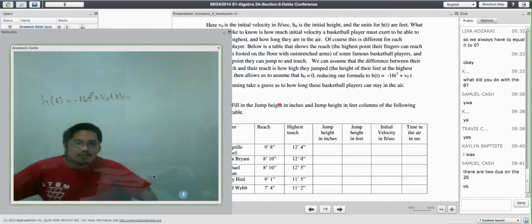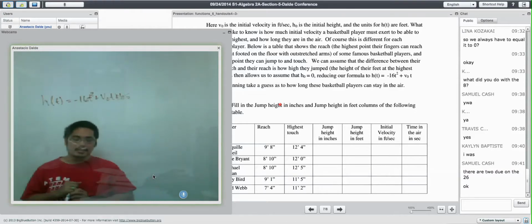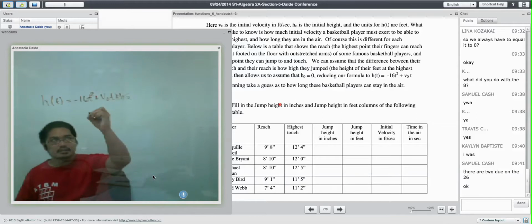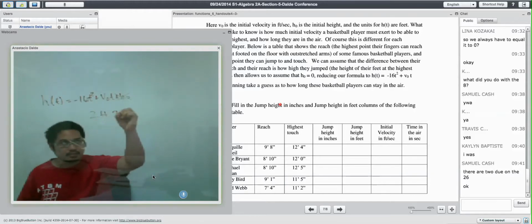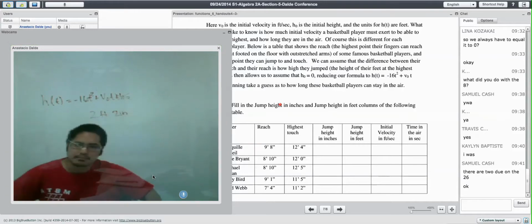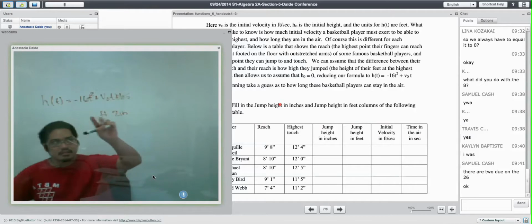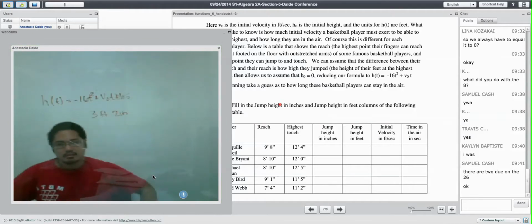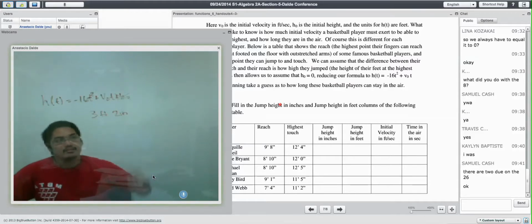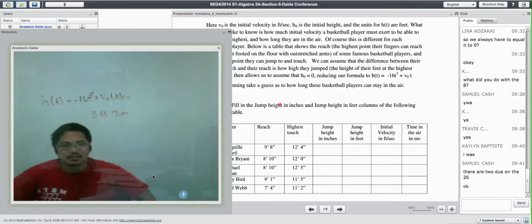So therefore, I would conclude that he can jump 2 feet 2 inches, right? No, 3 feet 2 inches, sorry. Because 12 minus 9 is 3, and you have the extra 2 inches to make it 8, 10.